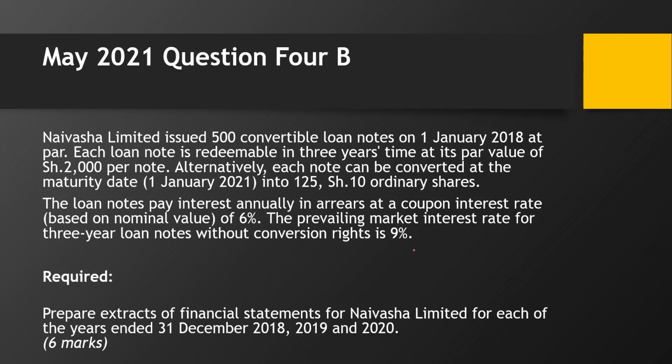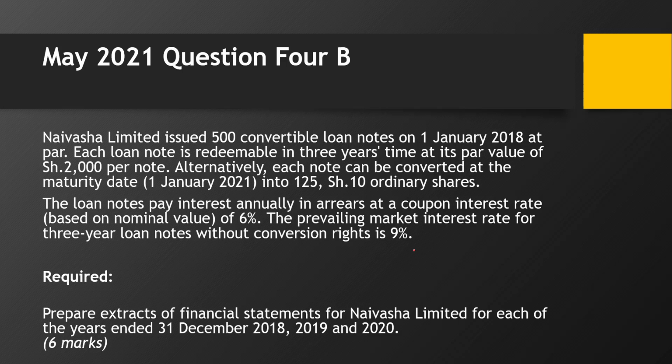To illustrate this, I want us to do a question from May 2021, question 4. The question reads that Naivasha Limited issued 500 convertible loan notes on 1st January 2018 at par.